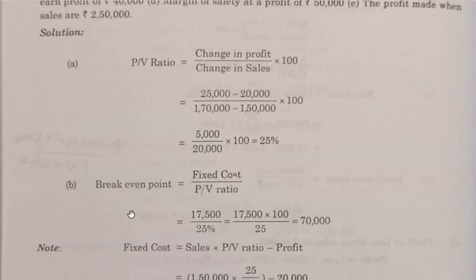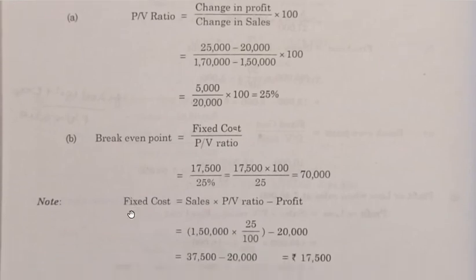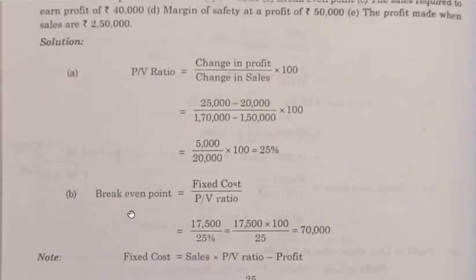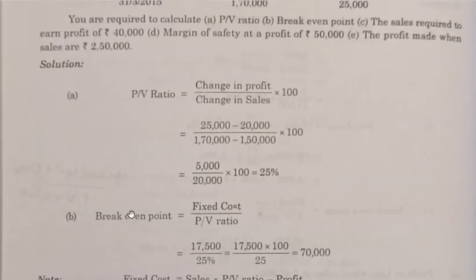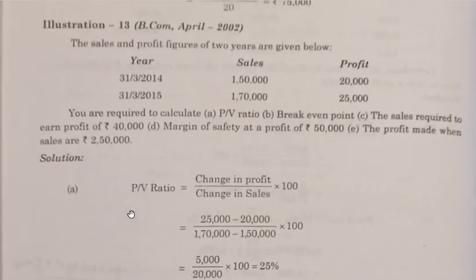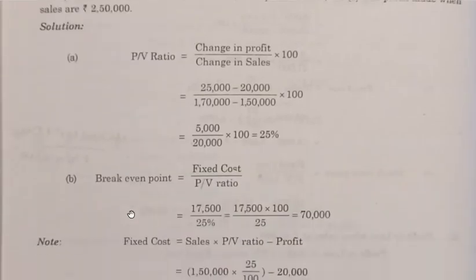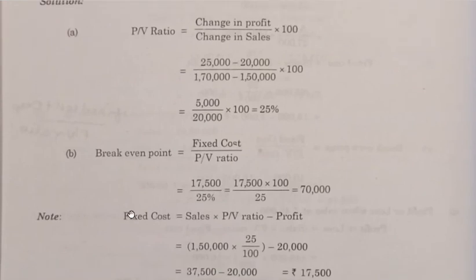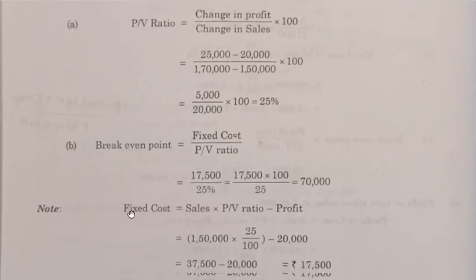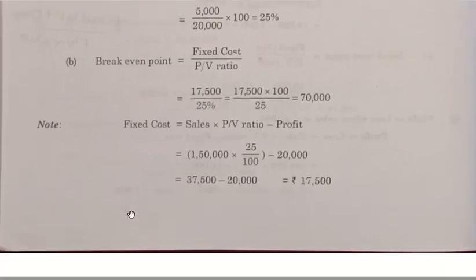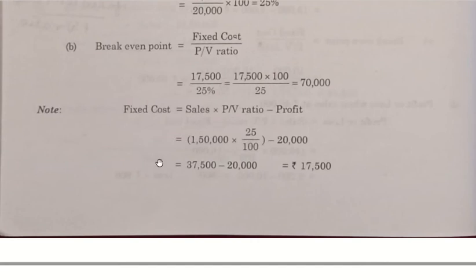Then we have the BEP, fixed cost divided by PV ratio. Your fixed cost is how much? So if you see in the question, they have not given it, so we are supposed to find out the fixed cost first.